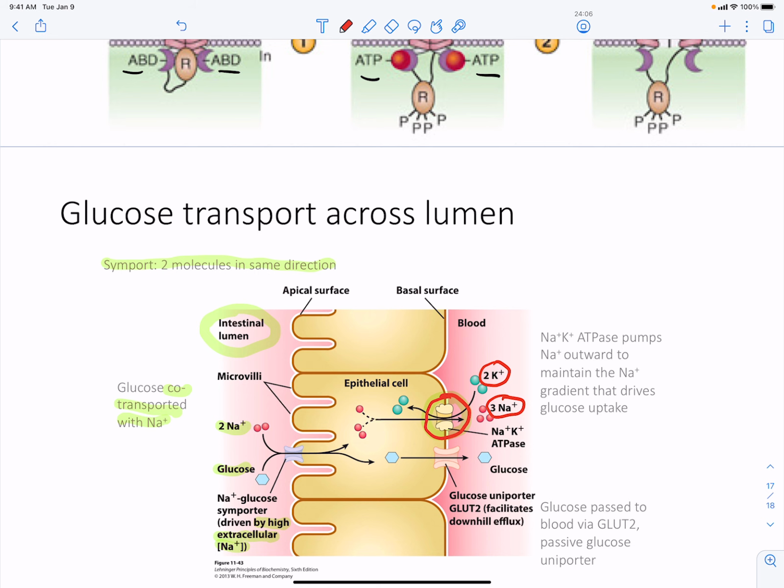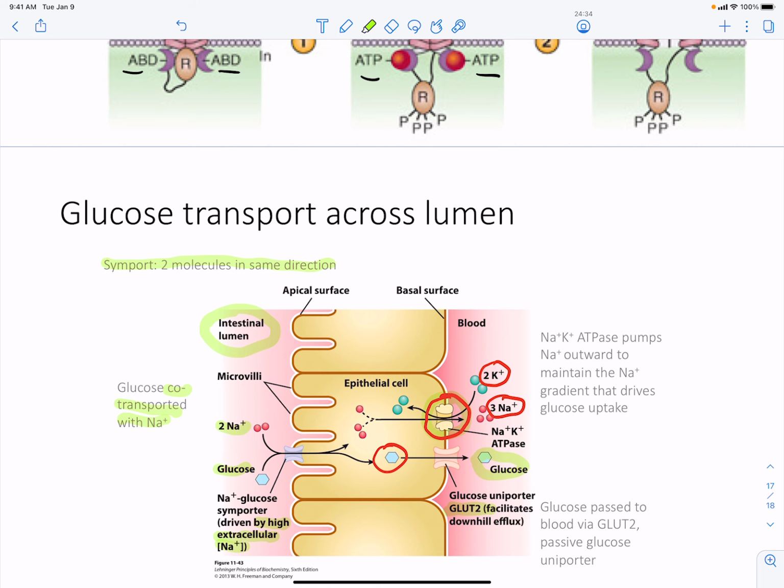Once glucose gets inside the epithelial cell, it has a glucose uniporter, which is GLUT2. It's the same receptor found on your liver cells and your pancreatic beta cells. The glucose can use GLUT2 to be released into the blood so that other cells can pick it up.